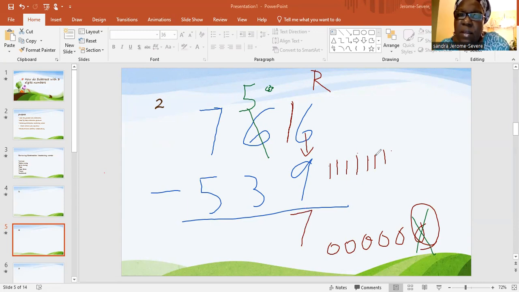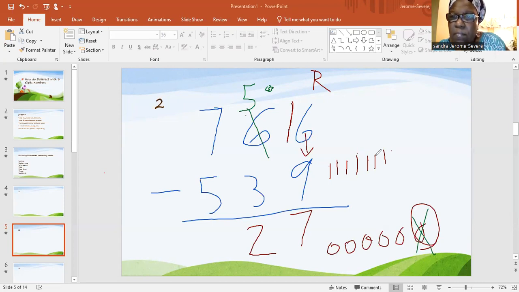Let's look over here. Now we're on this side right here. 5 minus 3. You have 5 fingers. Can you take away 3? Yes. 1, 2, 3. So what are you left with? You're left with 2. Let's go to the next one, the last one. 7, take away 5. If you have 7, you take away 5.